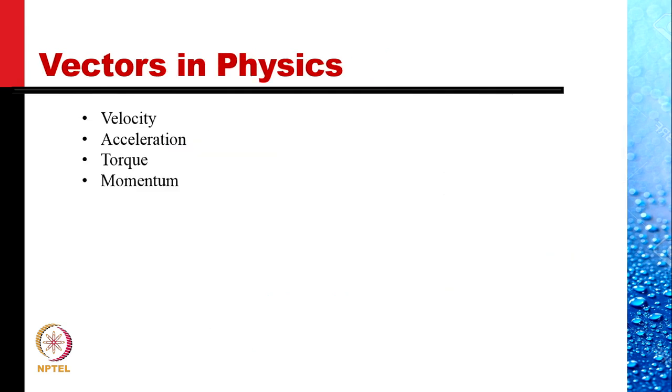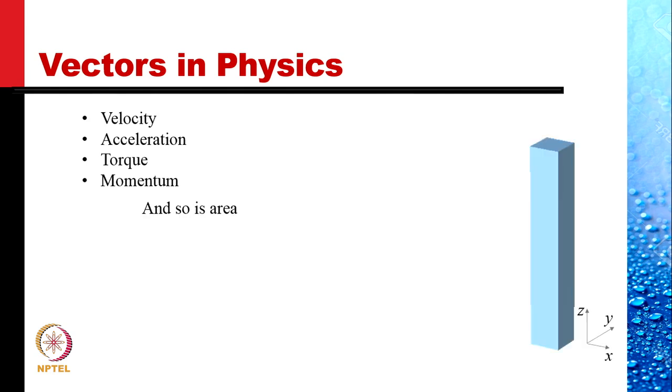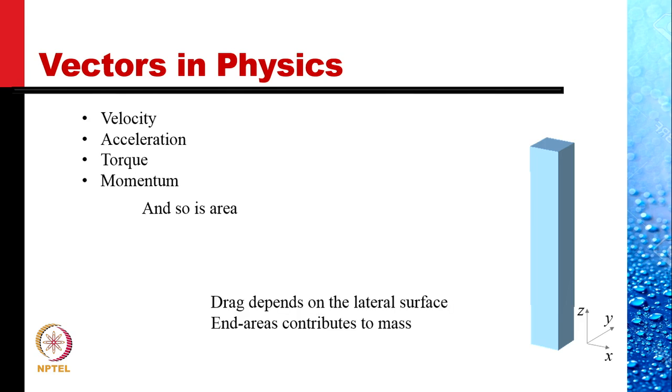Another thing that Huntley introduced was to consider the role of vectors. Various quantities like velocity, acceleration, torque, momentum are vector quantities. And so is the area. Consider this object. The areas in this object are of two kinds.